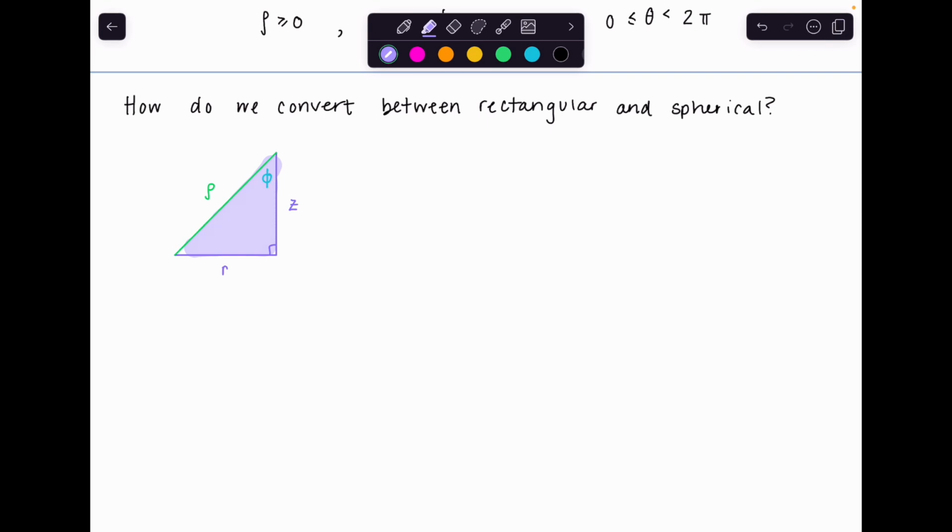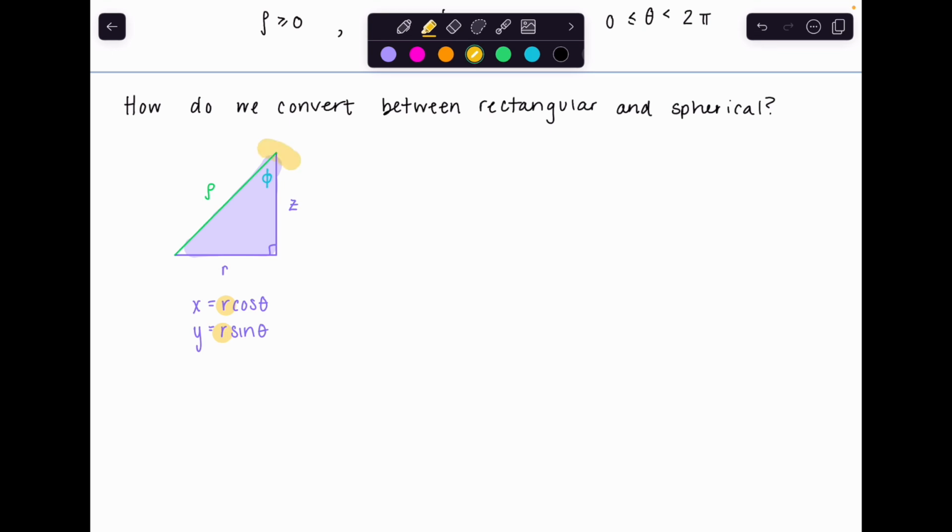So I know my x is equal to r cosine theta. And my y is equal to r sine theta. This is how I'm going to be able to get that theta value in. But what I don't want is this r here because that's dealing with polar and cylindrical coordinates. I need to get this in terms of theta, phi, and rho only.